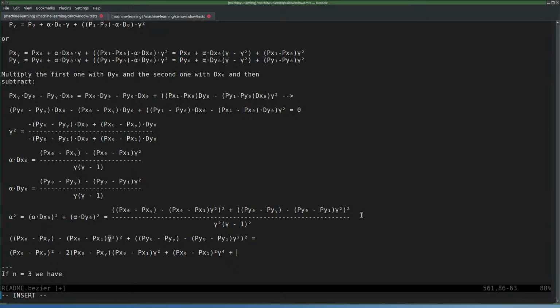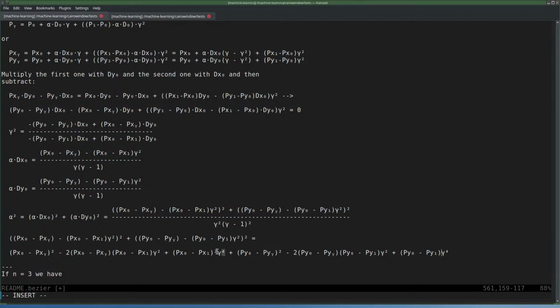Plus, and then we got this one. So this squared minus 2 times that plus that, gamma to the power 4.